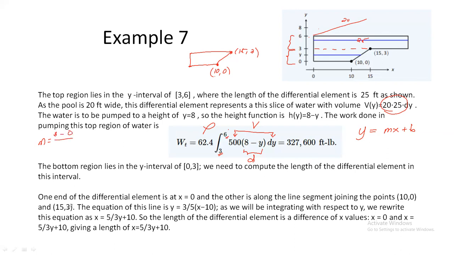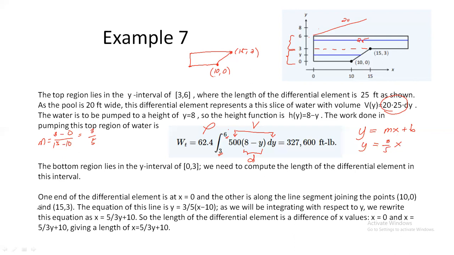And since I start here for the y, I also start here for the x: 15 minus 10. So I have here 3 over 5. That's the slope, so you have y equal to 3 over 5 x.